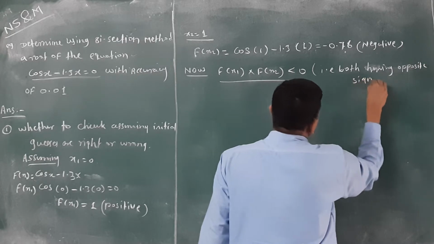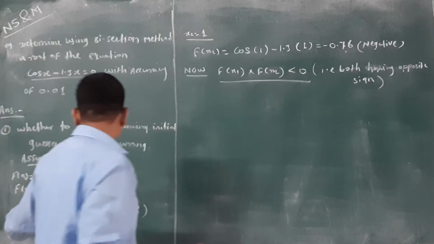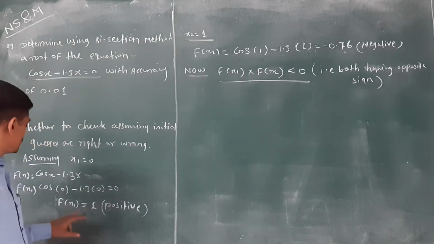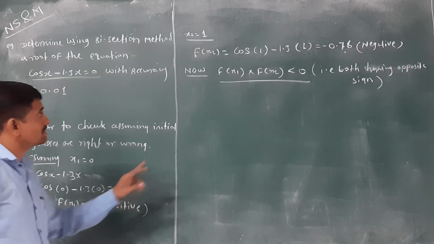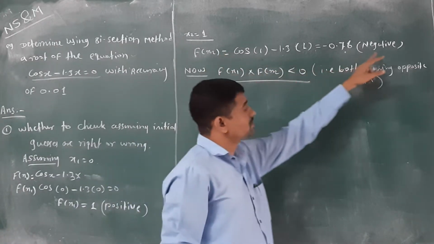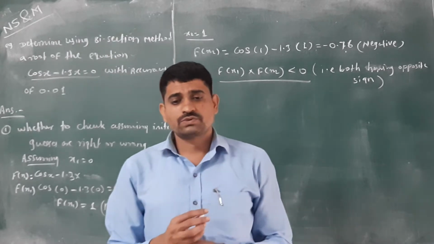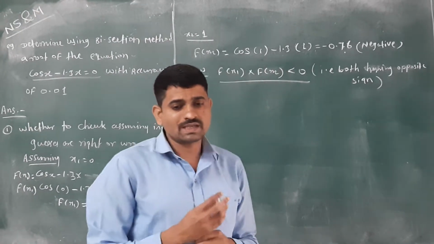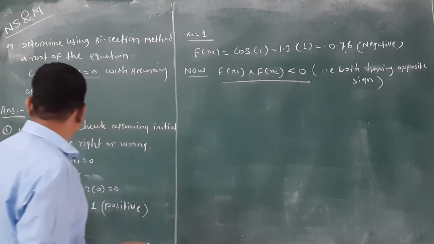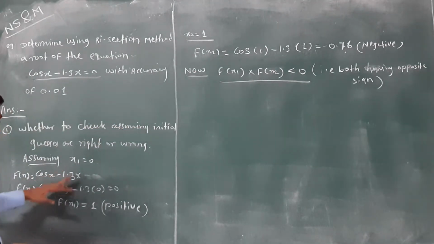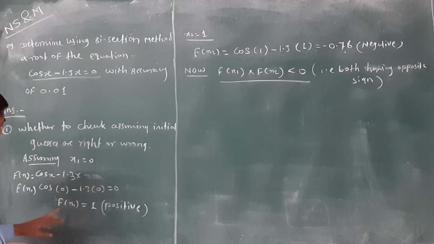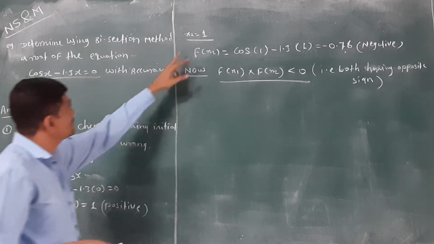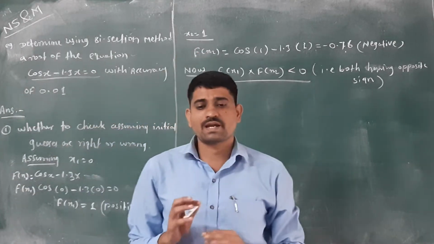Check the sign of f of x1 and f of x2. We have f of x1 is equal to 1. This is the positive sign, and f of x2 has the negative sign. Both have the opposite sign. Hence we can say the initial guesses x1 is equal to 0 and x2 is equal to 1 are right.